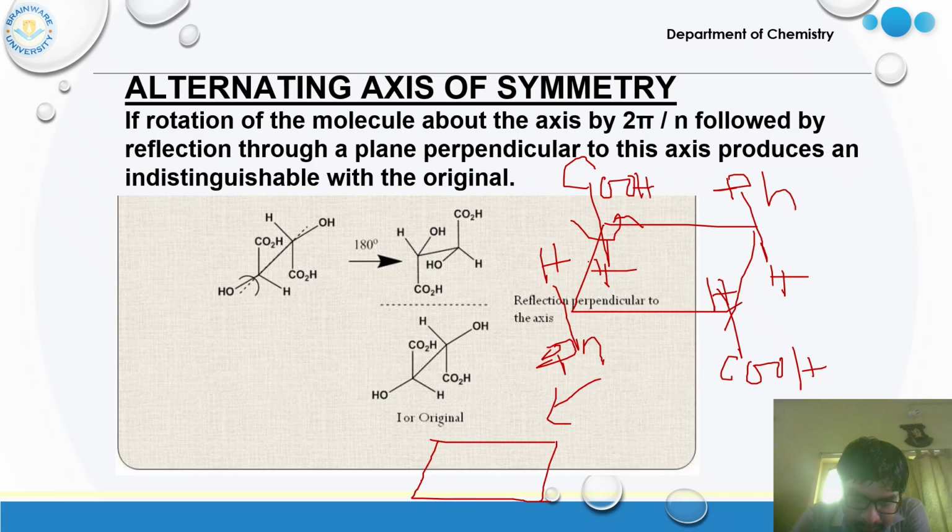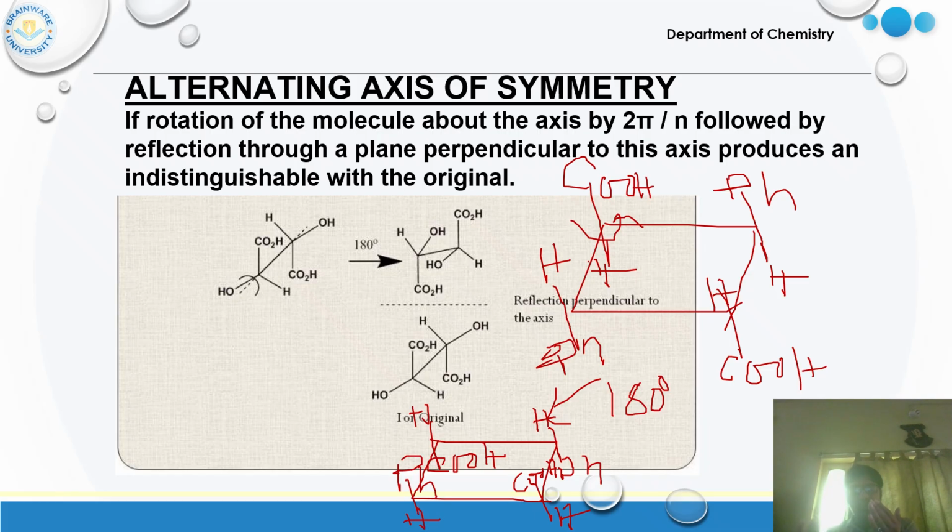We get H, COOH. We rotate the molecule by 180 degrees. This will be H, pH. This will be COOH, H. This will be pH, H.